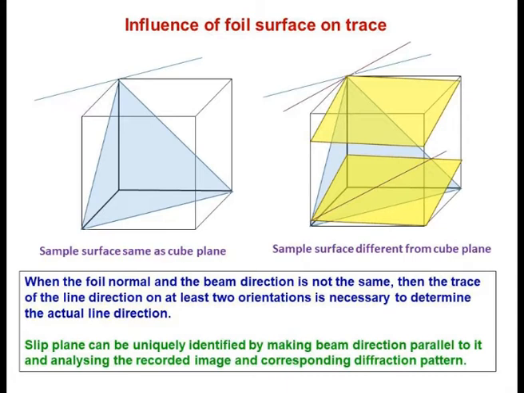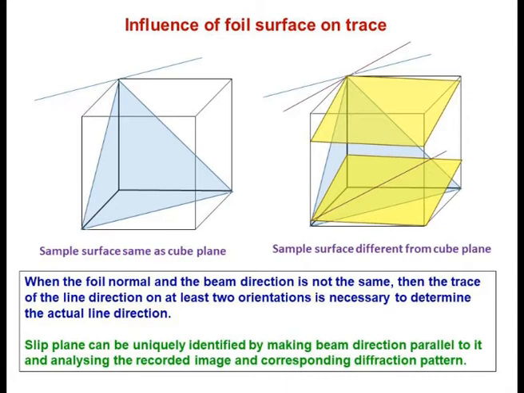This is the top and the bottom surface. Then the slip plane now cuts in a different direction. If you see, originally it is in this direction; now the slip plane cuts in another direction. Depending upon the foil surface, how the foil has been prepared, there are going to be differences in the direction of the trace which it makes on the sample surface.